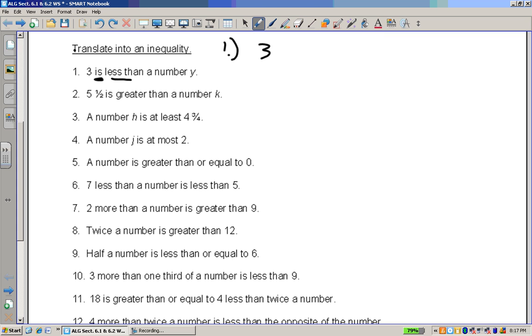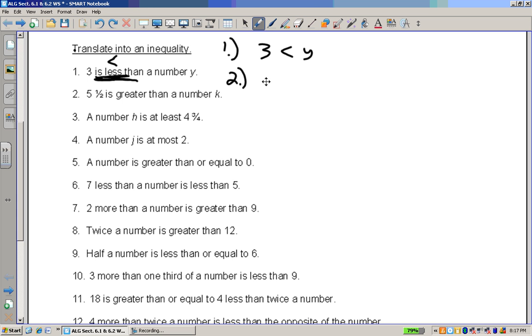Less than itself means subtraction. But if they say is less than together, then suddenly it's the inequality. So when they combine those two together, we're dealing with an inequality. So be careful there. So 3 is less than a number y. That's my inequality, as simple as that.